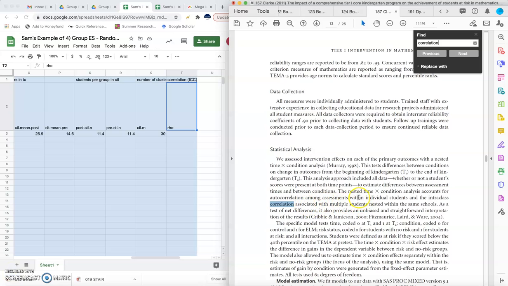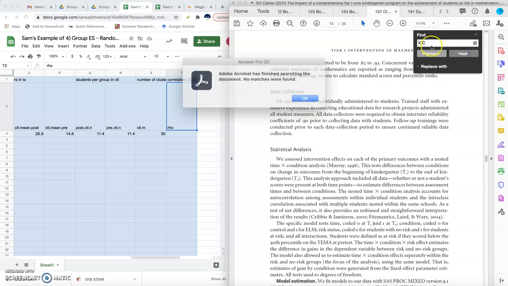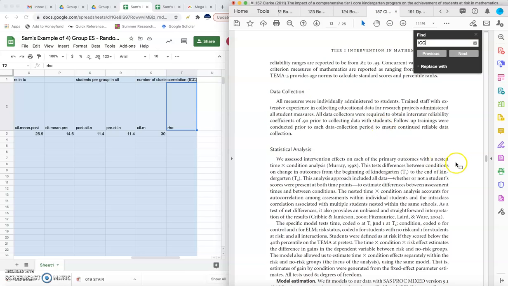However, once I actually start reading it, it talks about the intra-class correlation. Unfortunately, it doesn't actually provide the number that we need. So what I recommend doing is look for correlation. You can look for intra-class. Sometimes it's described as the ICC. We can double check that, but they don't have it.